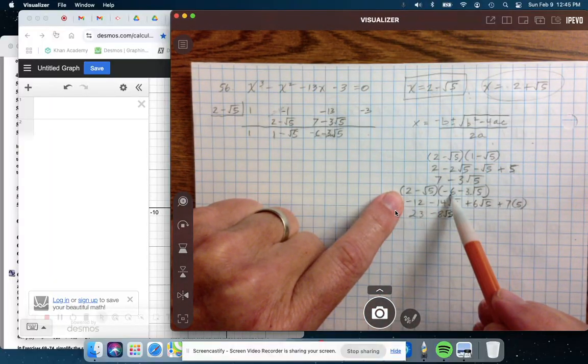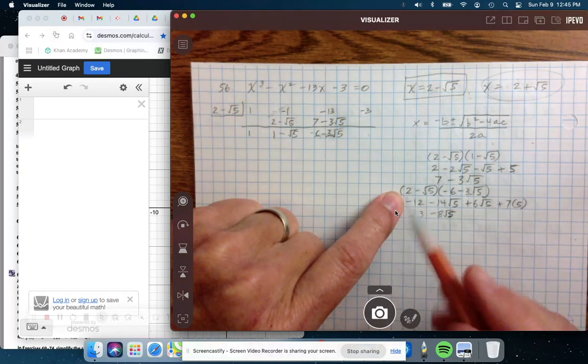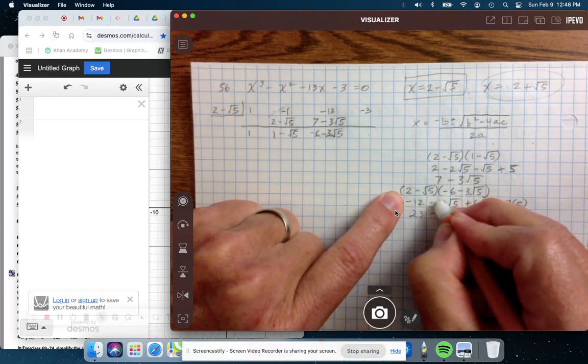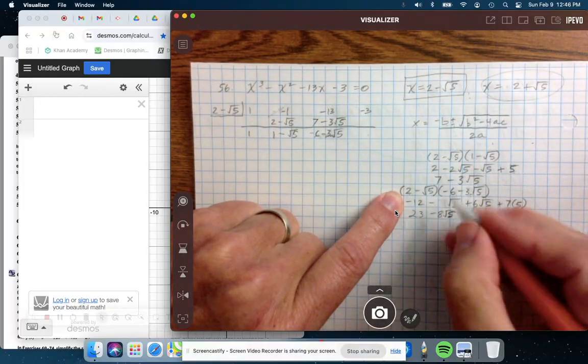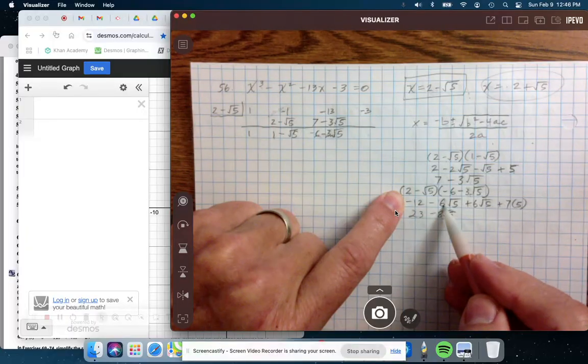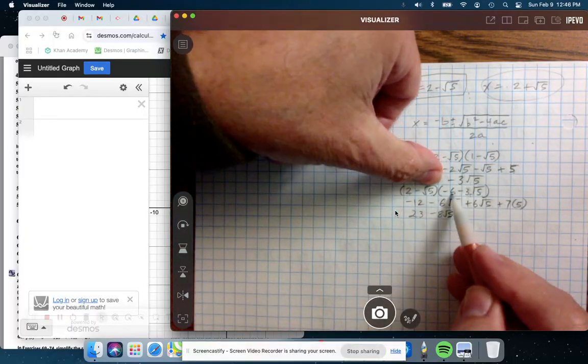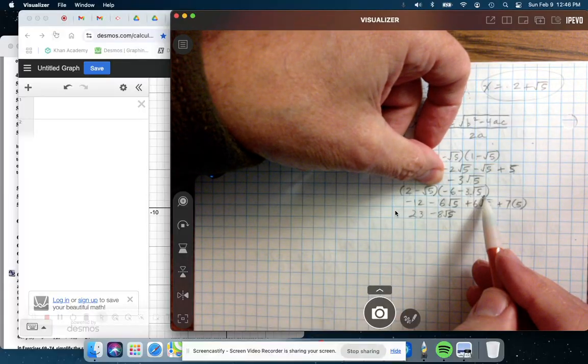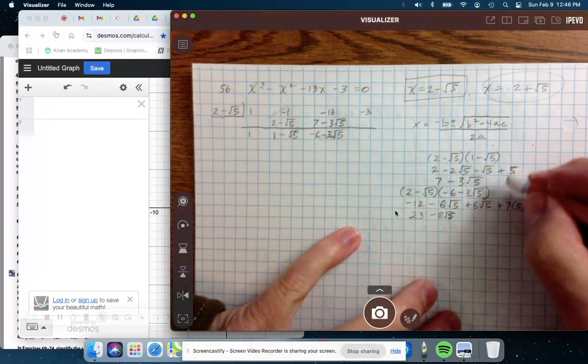So this times this is fine. But when I did this times this, I should have minus 6 here. Right, because 2 times minus 3 is minus 6. And then this times this should be okay. And then this times this, that should be a 3, not a 7.